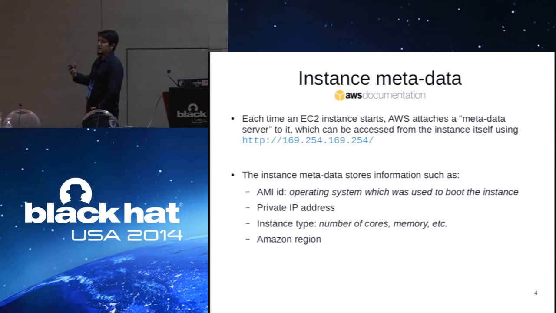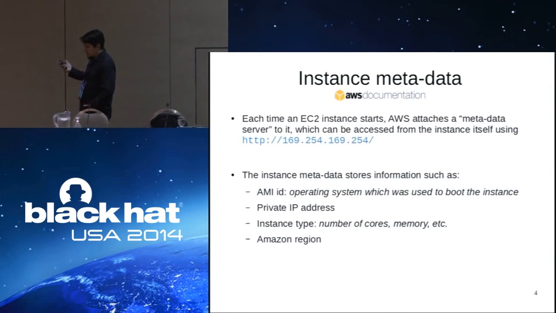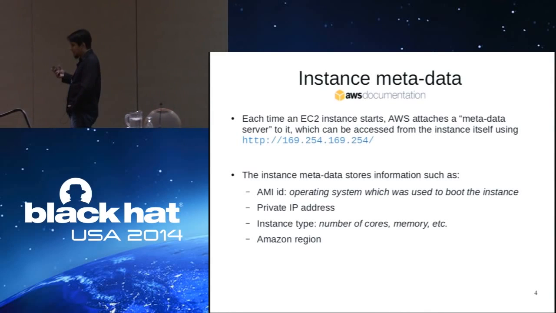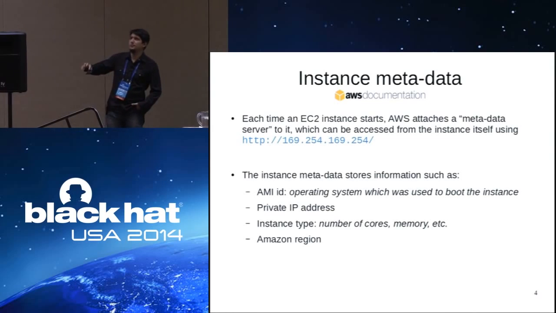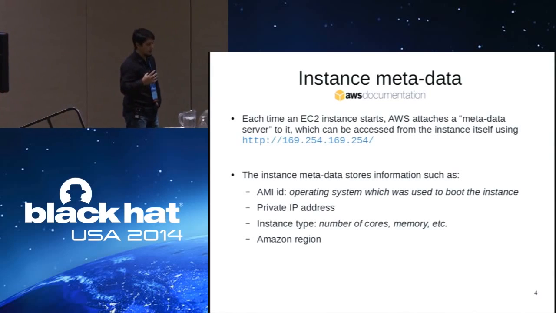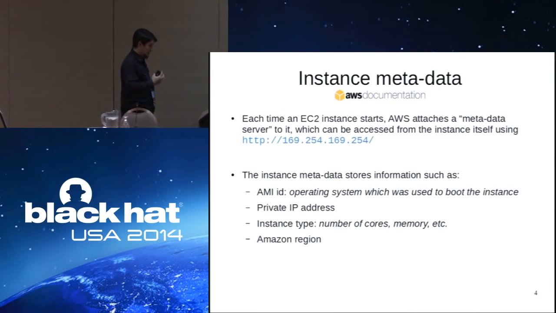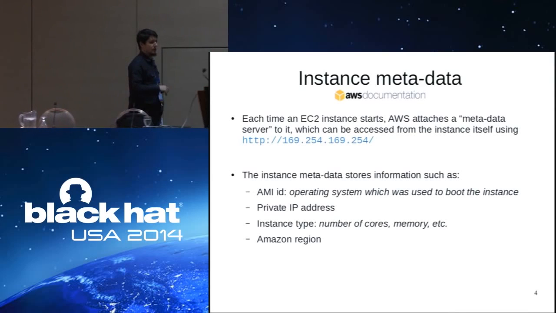One of the things is the AMI ID, which is basically an identifier for that EC2 instance's operating system image.